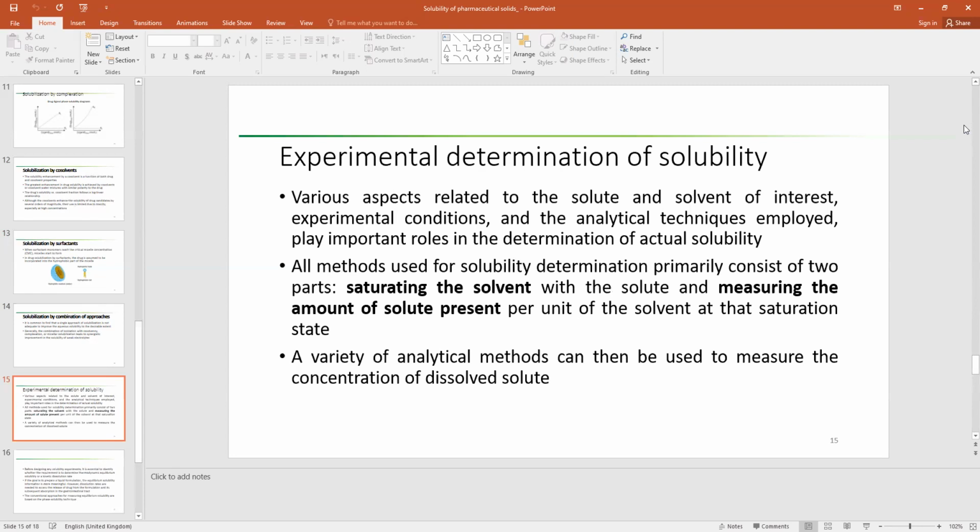Whatever technique or conditions are selected, in general, the very first step depends mainly on saturating the solvent with the solute and then measuring the amount of the solute present per unit of the solvent at that saturation state, after reaching equilibrium, of course.